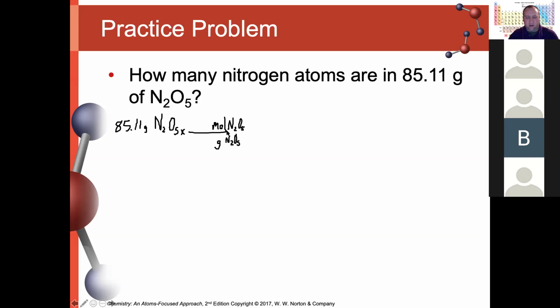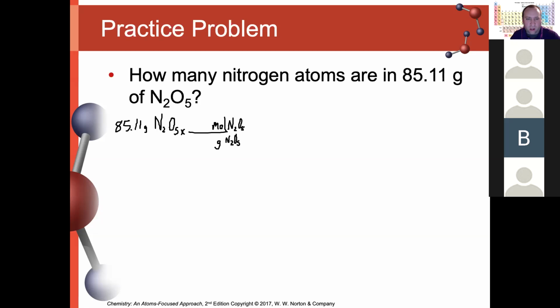Molar mass of dinitrogen pentoxide: the mass of nitrogen is 14.01, and there are two of them, so 14.01 times 2, plus oxygen. Oxygen is 16.00 times 5.